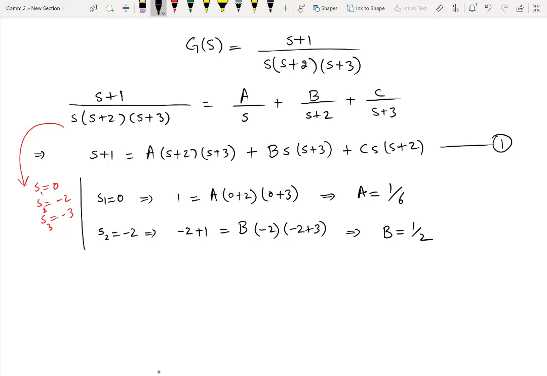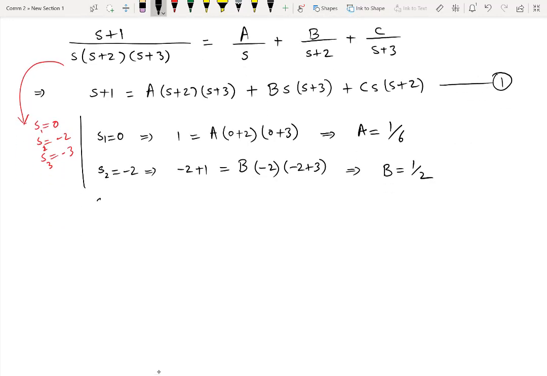This is the second coefficient, and for the third coefficient we will substitute the third root, which is minus 3. So from here it is minus 3 plus 1, and now the first and second terms will be 0, and we are only left with the third one, which is C into minus 3 and minus 3 plus 2. So from here you can see that the value of C comes out to be minus 2 over 3.